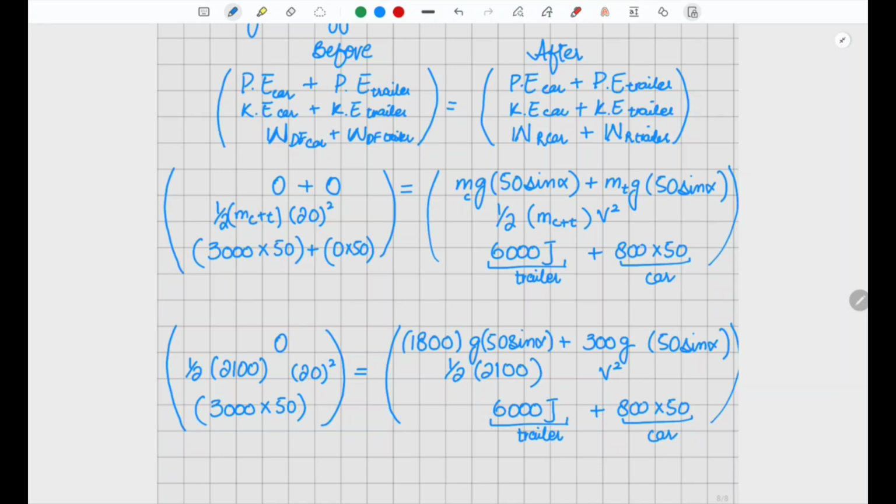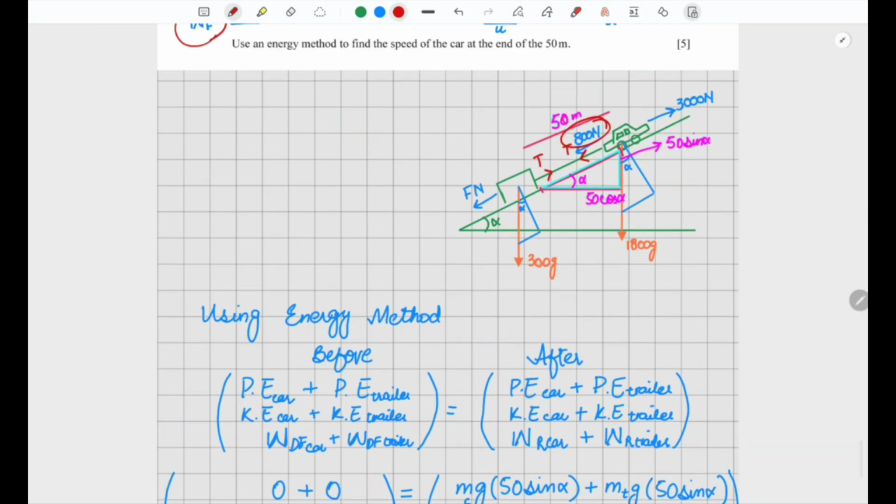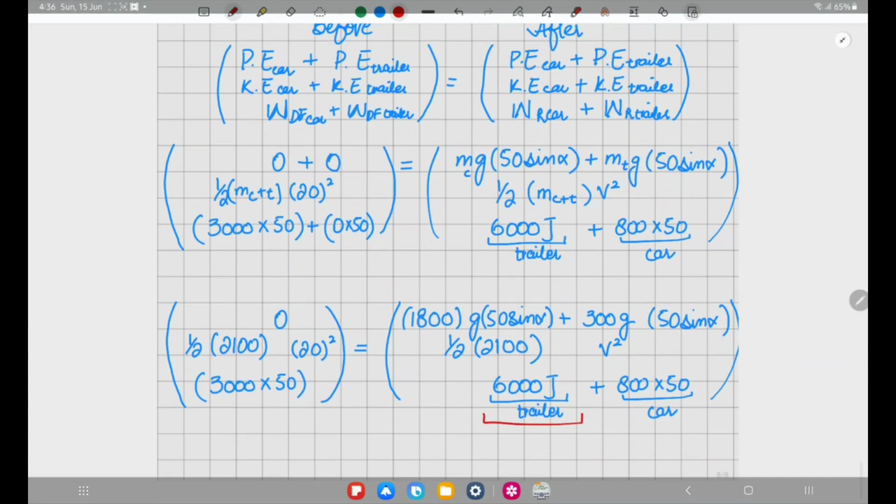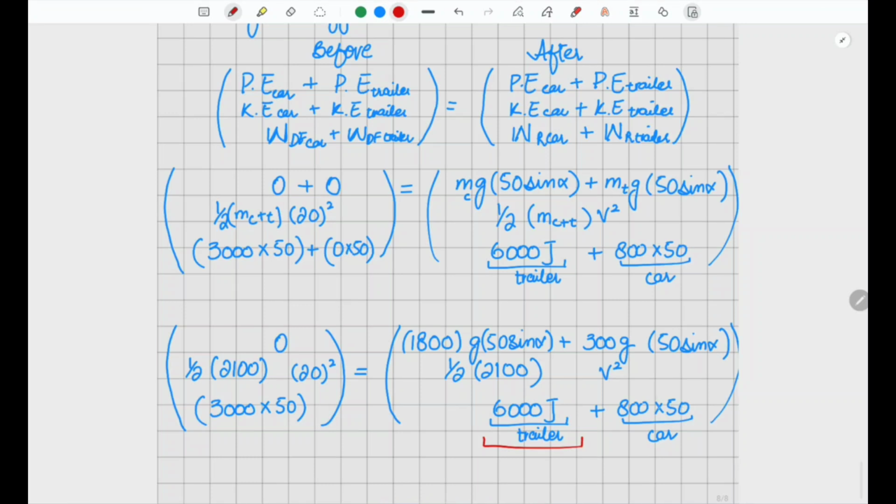If someone is still confused about how we get 6000 joules for the trailer, it is given that instead the total work done against F. What was F? F was the resistive force against the trailer. So the work done against the resistance, 6000, is for the trailer, and for the car we have F, which is 800, so we get 800 times 50 for the car.